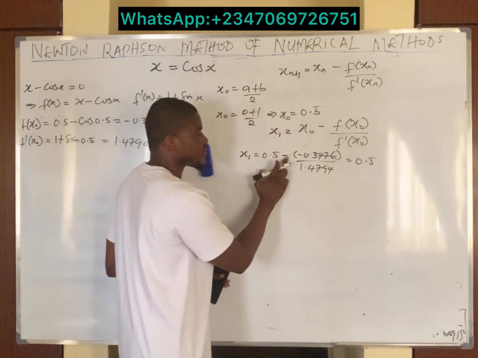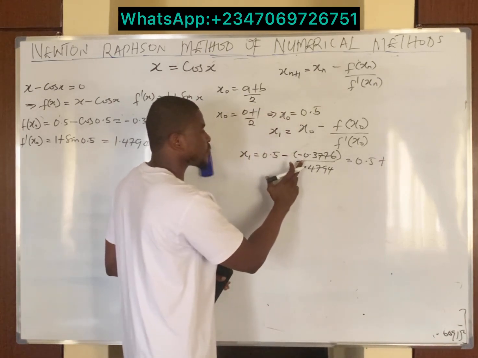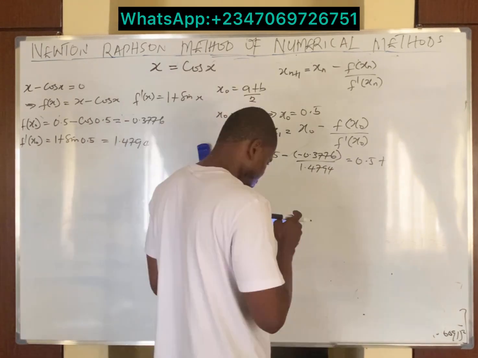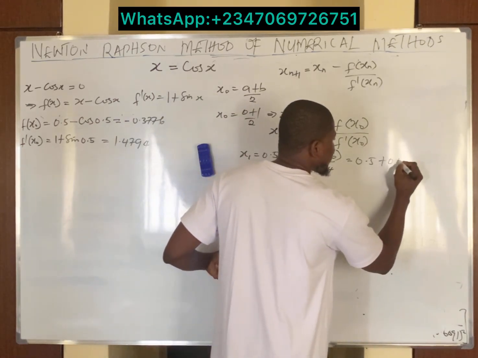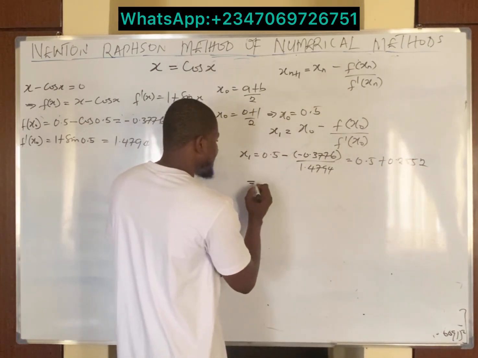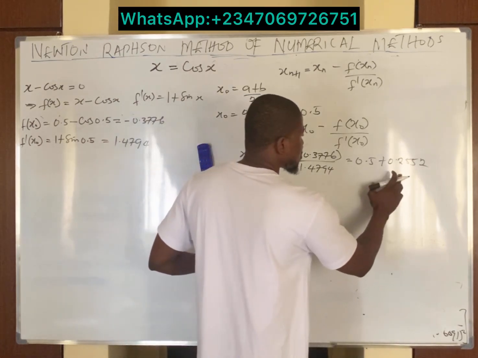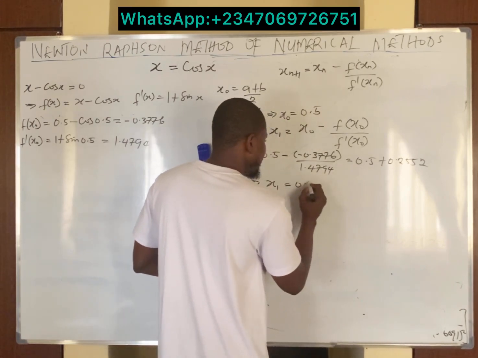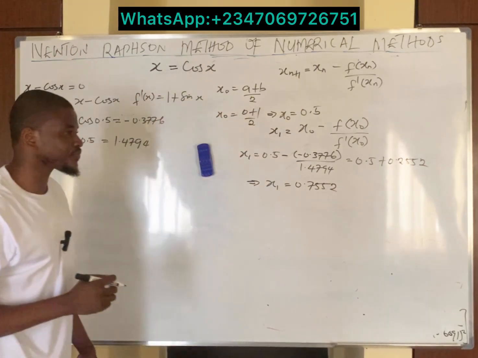Okay, this minus and this minus becomes positive. Now let's find this ratio. 0.3776 divided by 1.4794. That gives us simply 0.2552. So this simply implies that our first root, x1, is going to be equal to 0.5 plus 0.2552. That gives us 0.7552. So we have now our first root.